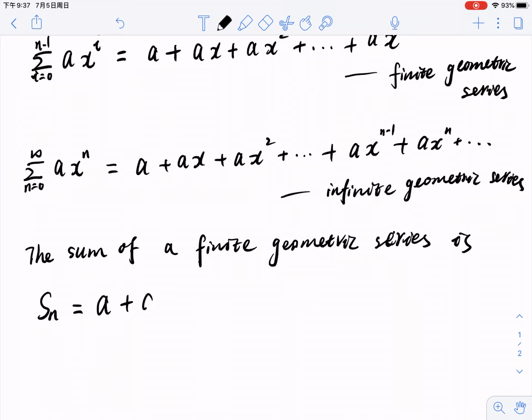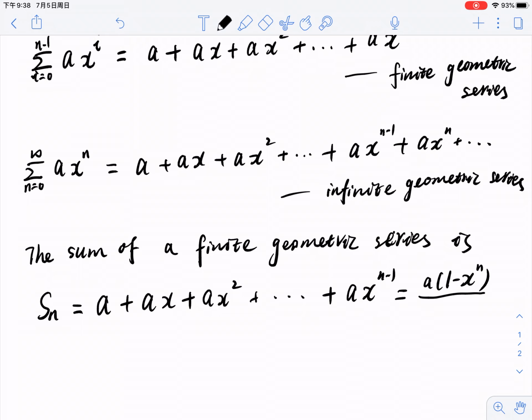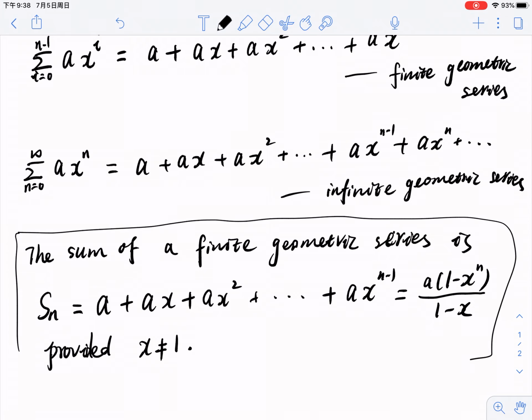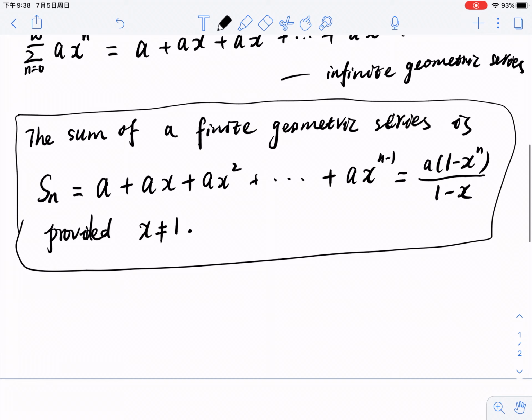So it's a plus ax plus ax squared, and the nth term is ax to n minus 1. Its sum is a times 1 minus x to the n, divided by 1 minus x, provided that x is not 1. So this is the sum of the first n terms.